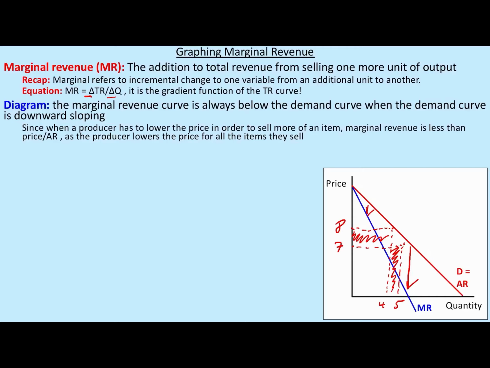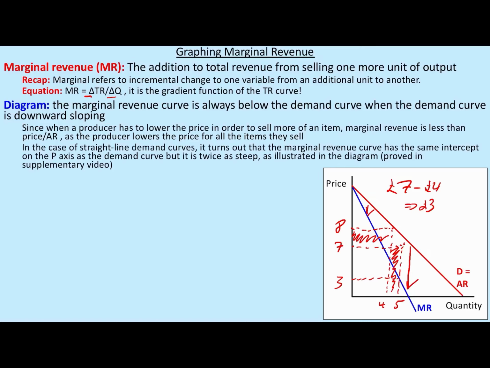So our marginal revenue isn't £7, but rather it's £7 brought in minus the £4 lost on previous sales. Our marginal revenue in this case is only £3.